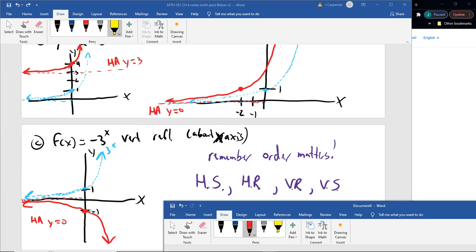So if this point is at (0, -1), that means you should plug in 0 and see if you get -1. If this point was at, say, (2, 5), you should plug in 2 and see if you get 5. It doesn't guarantee that everything's pointing in the right direction, but it at least guarantees that you shifted and reflected that singular point correctly. Checking your work can be helpful.